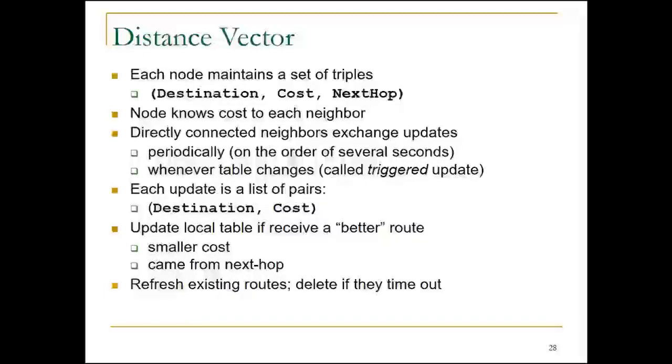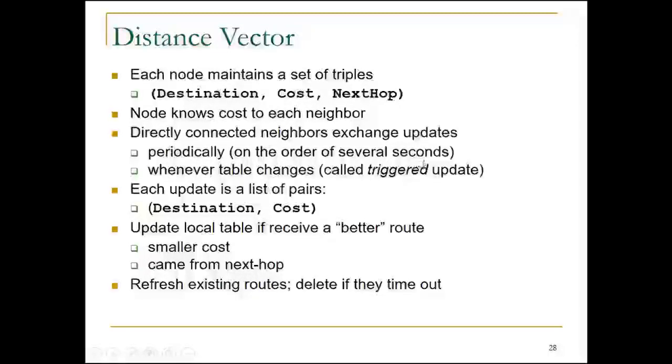Since it doesn't keep track of all the nodes within a given network, it's important to have a next hop to forward the message en route to its final destination. Hence the set of triples. Nodes only know the cost to each neighbor.